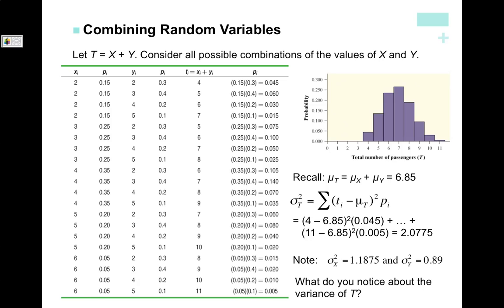But if we compare this new variance to the variance of the individual x and y random variable, what do you notice? 1.1875, 0.89. Hopefully you're noticing that these two things added together is our new variance.